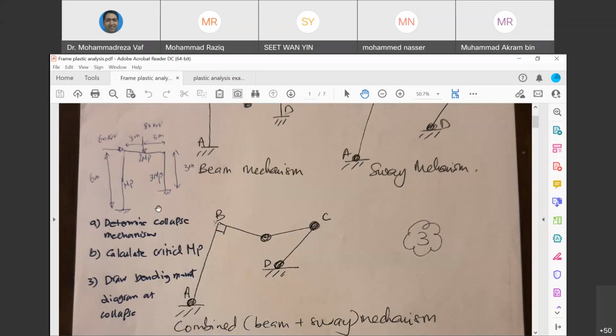This is occurring because of the condition in which the structure is going to deform. So in the beginning of the analysis, when there is no collapse, the angles are all right angles, 90 degrees. When the collapse occurs, only one of these angles is going to rotate and the other one remains as it was before collapse. So this is going to help us to calculate the angles and deflections, okay?